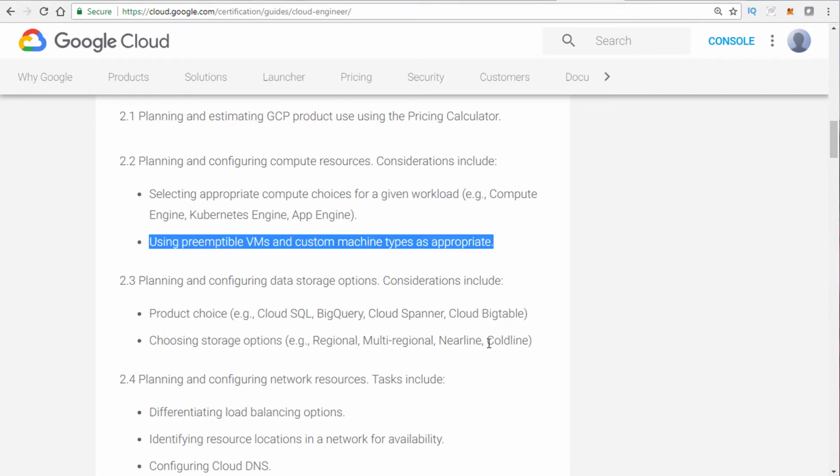Now, let's talk about virtual machines. When it comes to virtual machines, it's really important. Looking at my notes, when it comes to custom machines, first of all, you want to know why you want to use a custom machine or a preemptible VM over each other.